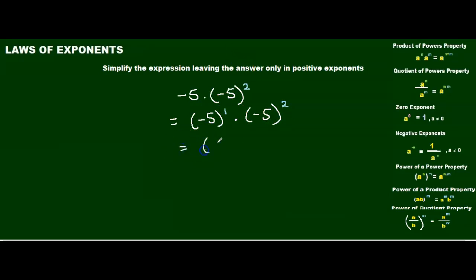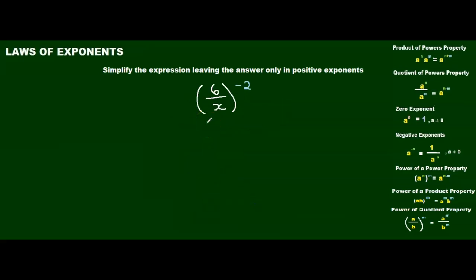And that gives me (negative 5) to the power of 1 plus 2, which gives me (negative 5) to the power of 3. Now notice I keep my parentheses in all of them so that we can keep track of our negative sign. In this case, it's an odd exponent, so my negative stays in the answer. And we have 5 cubed, which is 125. And that's our final answer.